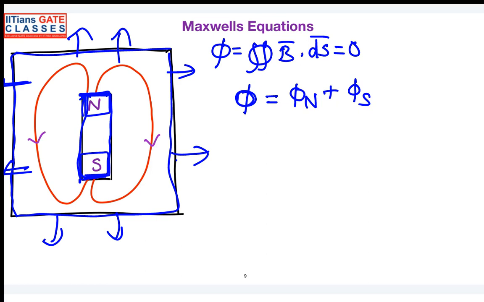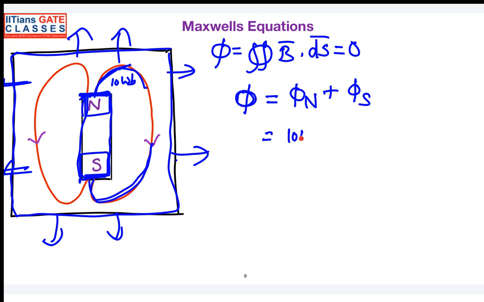Whatever flux is generated from the North Pole, the same is entering the South Pole. For example, if 10 Webers of flux is coming out of the North Pole, the same is entering the South Pole.